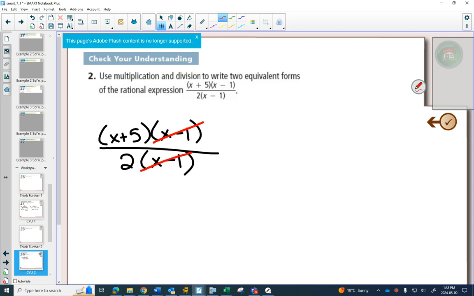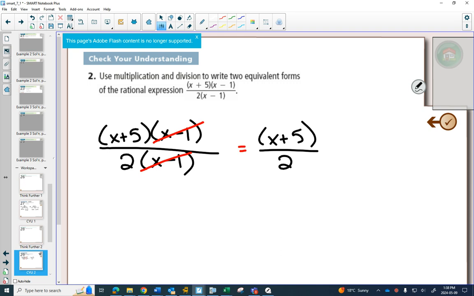That's equal to 1, right? Anytime you have something equal to 1, you could replace it with a 1. So by putting a line through those, I'm basically saying that's equal to 1. So this whole thing is equal to x plus 5 over 2.